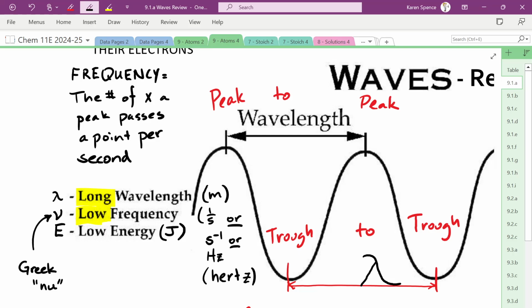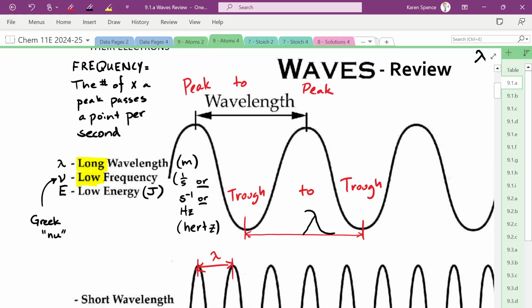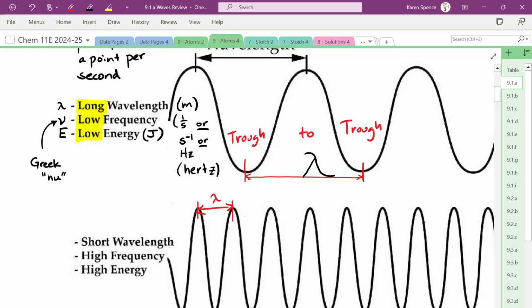And if you think about this, a wave that kind of goes like this, it just kind of seems lower energy, doesn't it? Compared with a wave that goes like this. That seems higher energy. Like in order to do it, it just takes more of my energy. Okay? So if we have a long wavelength, we have a low frequency, and we have low energy. If we have a shorter wavelength, our frequency and our energy are high.